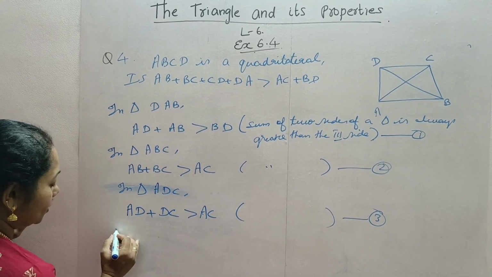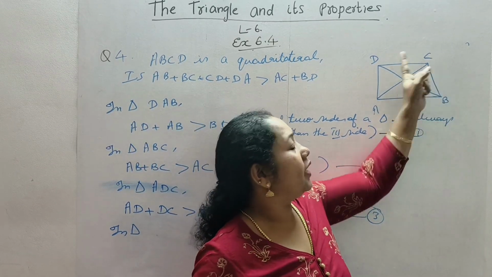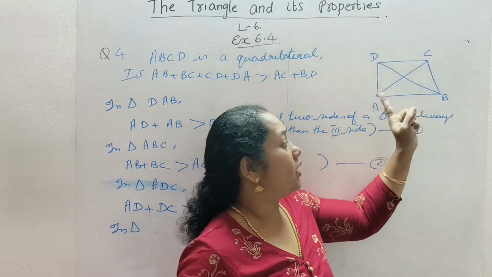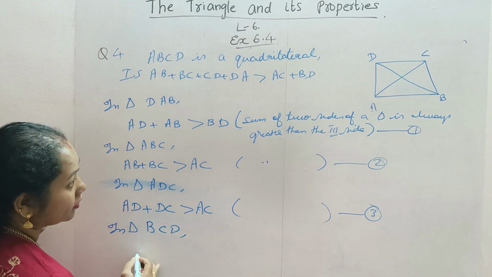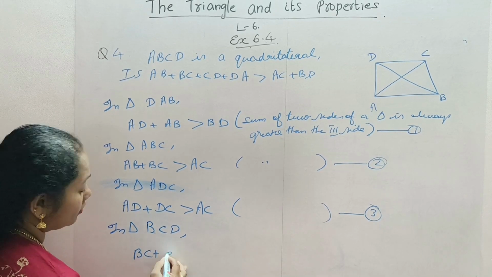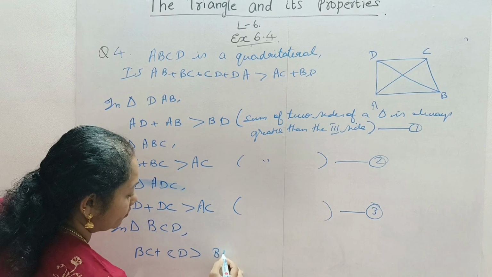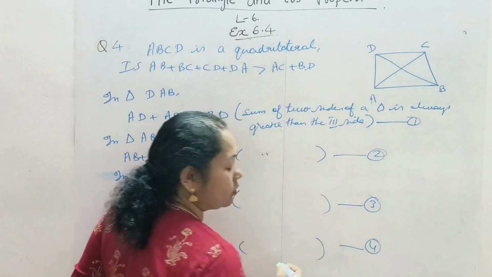And next in the other triangle, BCD, where BD is the diagonal, BC plus CD is greater than BD. Again same reason, equation 4.